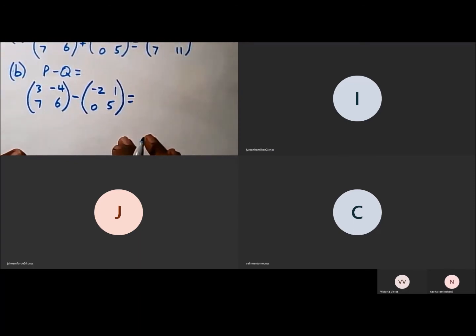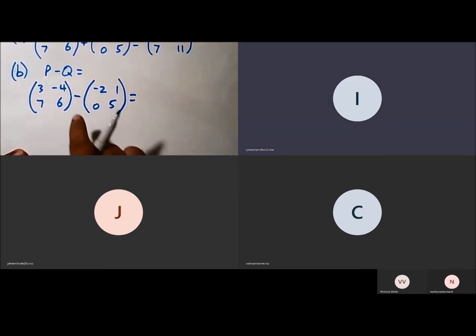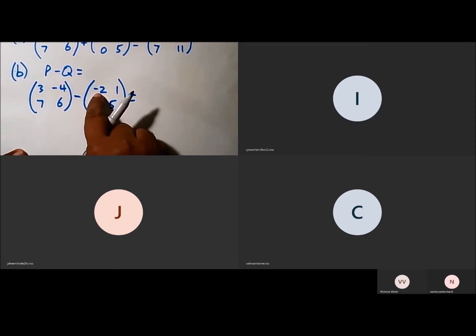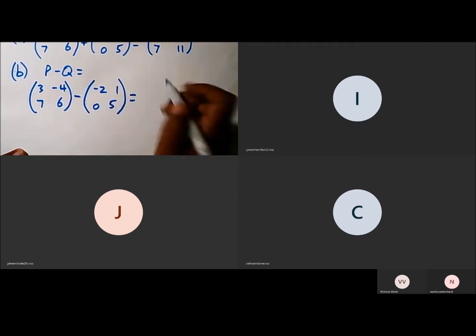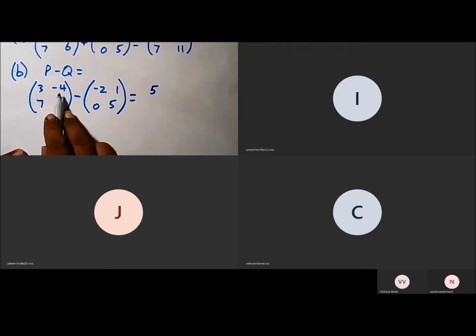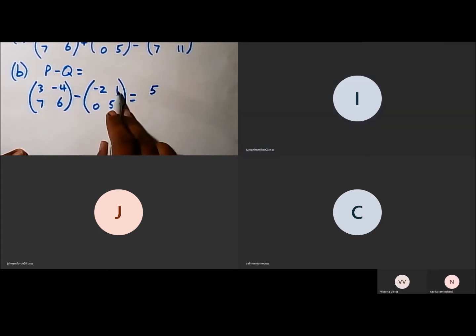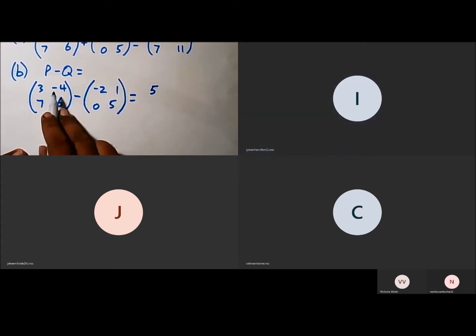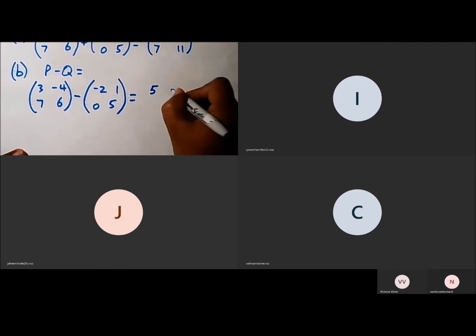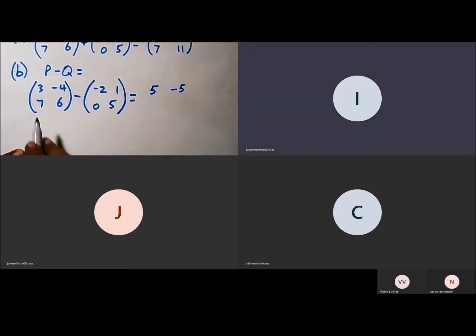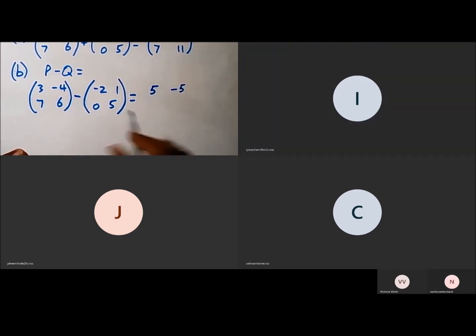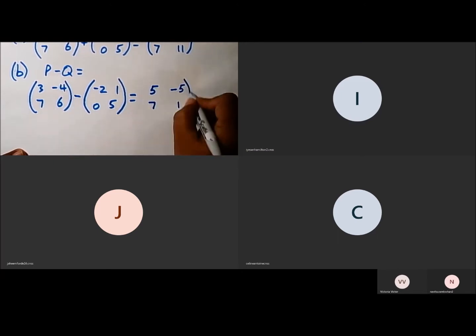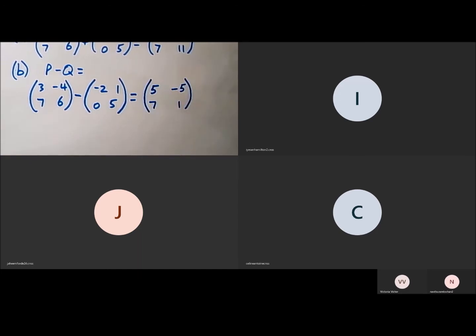Okay. 3 take away minus 2 turns into 3 add 2, which is 5. Minus 4 minus 1 means go down 4, then go down 1. We'll be at minus 5. 7 take away 0 is 7. 6 take away 5 is 1.